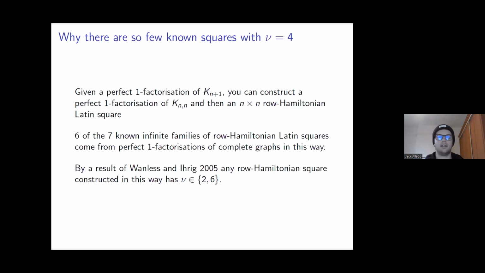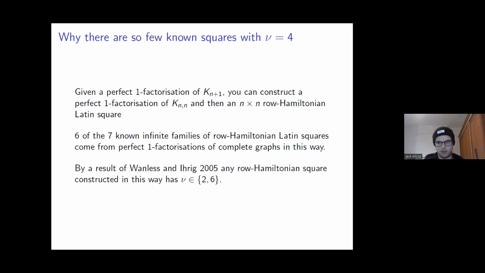And I'll end the discussion of perfect one factorizations with some justification of why there are very few known Latin squares with nu equal 4. So we've seen that given a perfect one factorization of Kn+1, you can construct a perfect one factorization of Kn,n, sometimes multiple, and then you can construct an n by n Row-Hamiltonian Latin square.